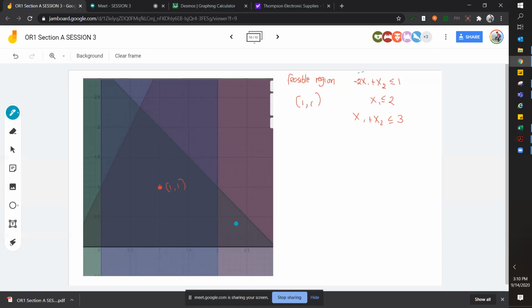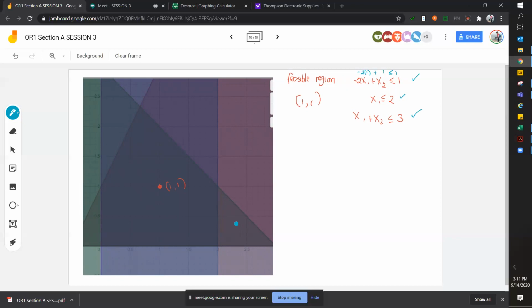Diba ito parang negative 2 times 1 plus 1. Is it less than or equal to 1? Valid? Yes, no? Valid. Dito. Ang x1 ba less than or equal to 2? Valid. Dito. Valid din. So, ibig sabihin, part siya ng feasible region, but we don't know if that is optimal.